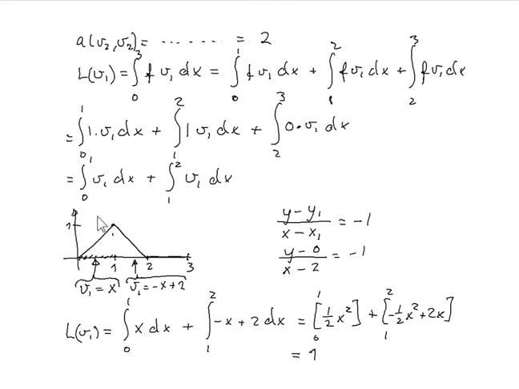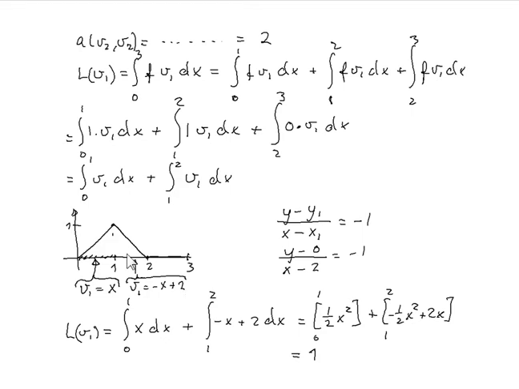So we know that the integral here, since we have shown you the graph of v1, we know that v1 is just equal to the function x from 0 to 1, and in this region it's equal to minus x plus 2.